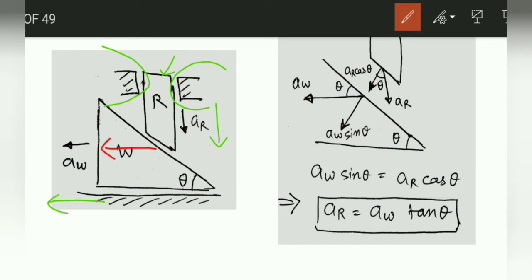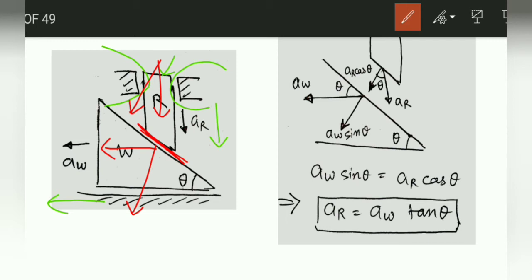AW is this side, so we have to find the component of AW in this direction. AR is going this side, so we have to find the component of AR in this direction, perpendicular to both the surfaces, and then we will equate them because that component is transmitted.